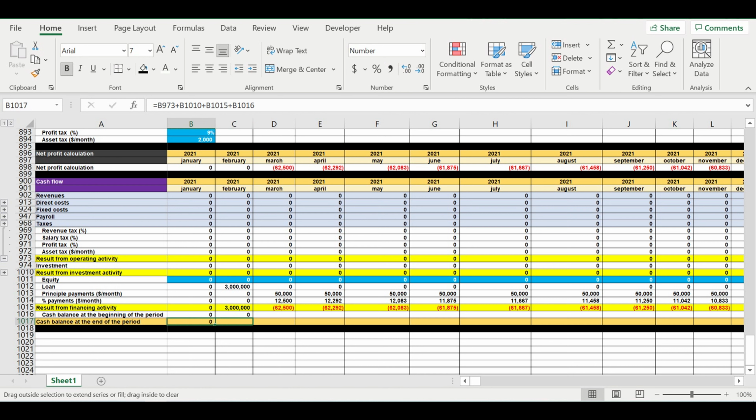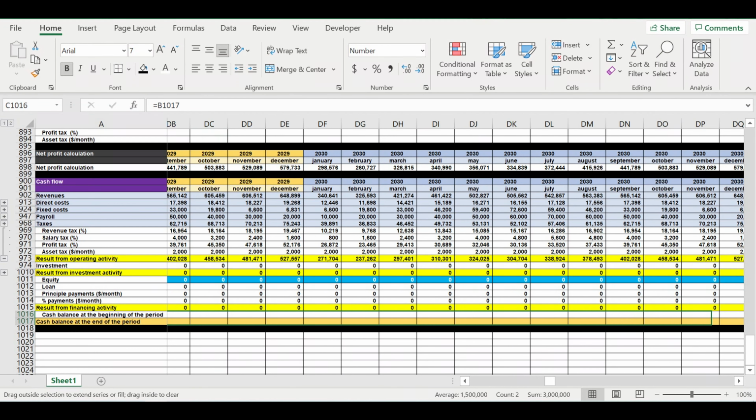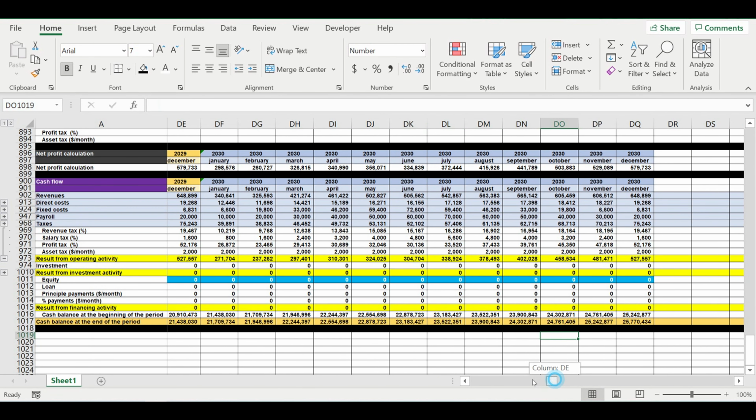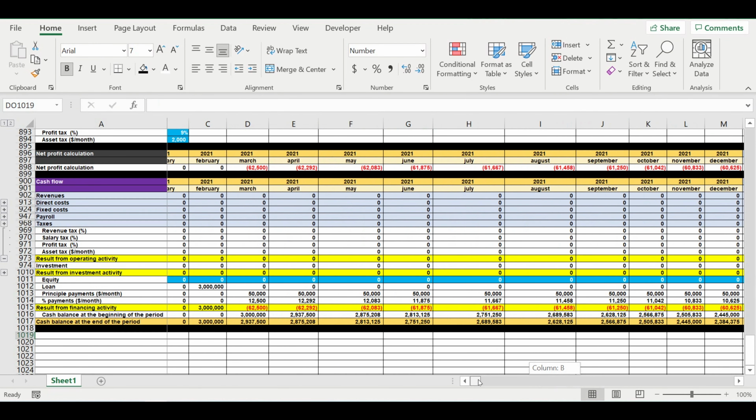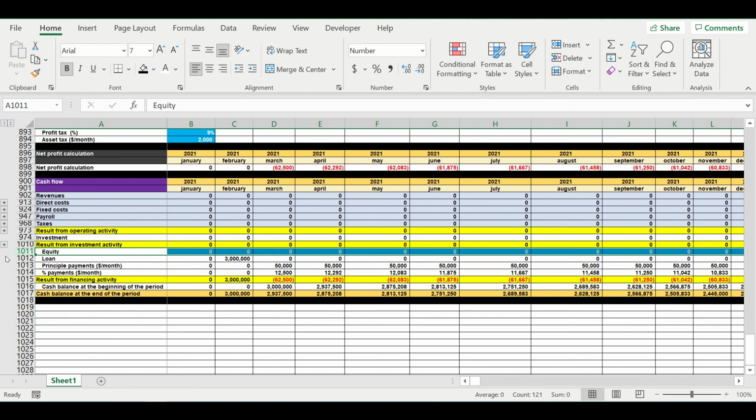Then we just extrapolate these two formulas to the rest of our timeline. And now we have our cash flow statement ready.